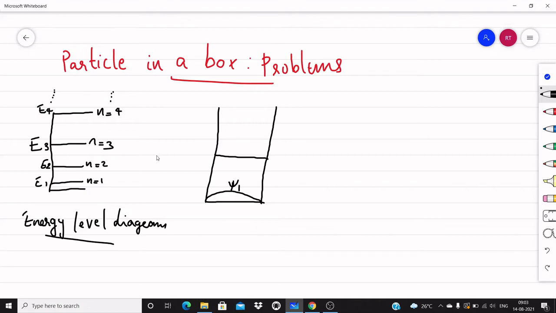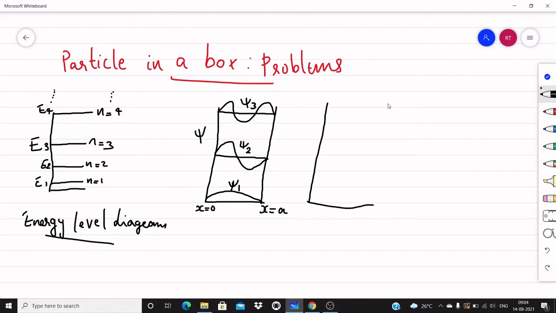Don't compare the levels, I'm just drawing it so it looks legible. This is the shape of the wave function corresponding to psi 2, and this one corresponds to psi 3. Here x goes from 0 to x equal to a.